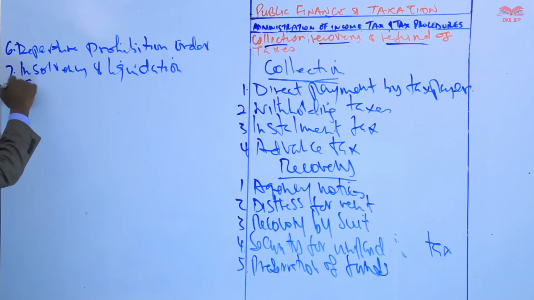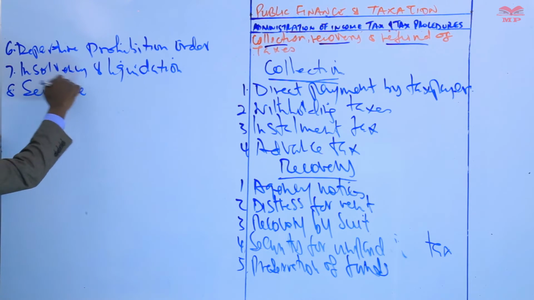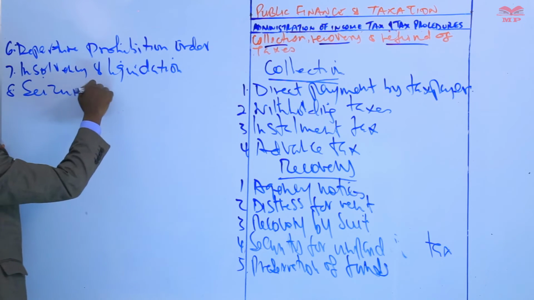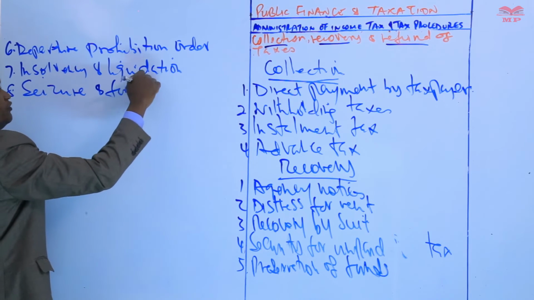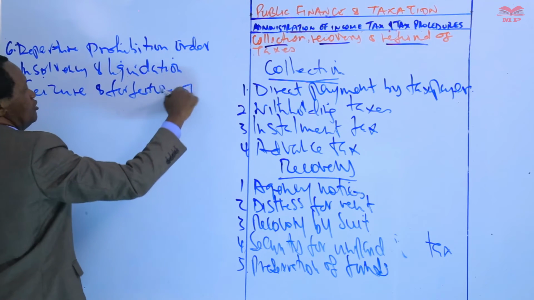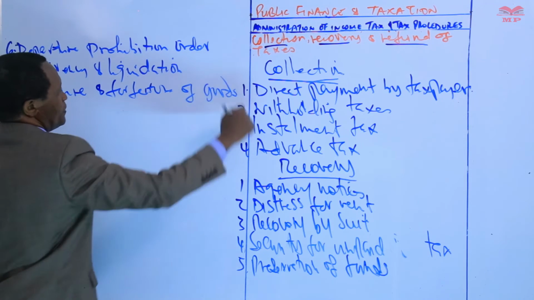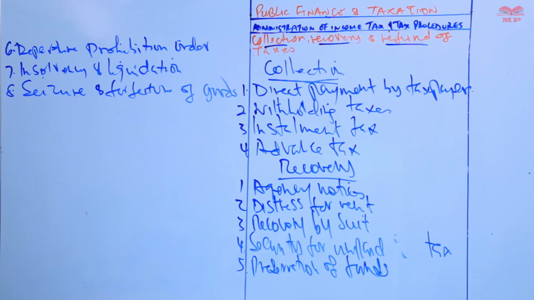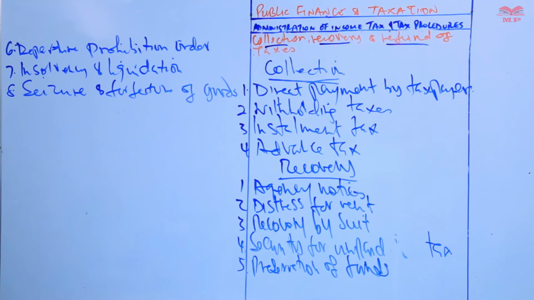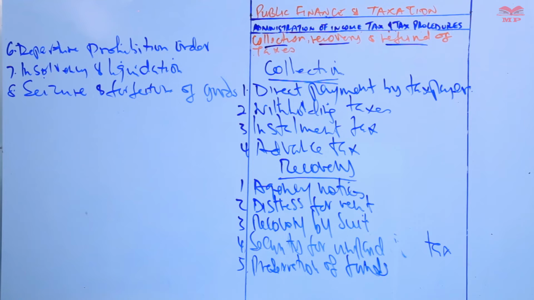8. Seizure and forfeiture of goods. Now, this is applicable particularly in customs and excise matters where goods related to tax violations can be seized and forfeited.